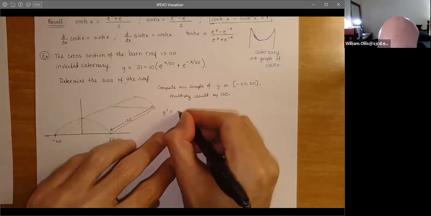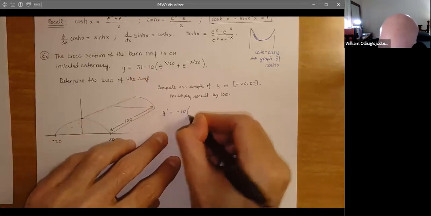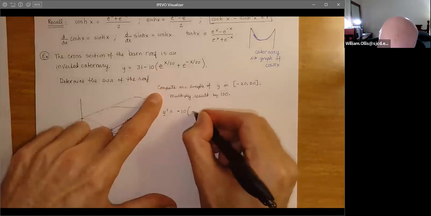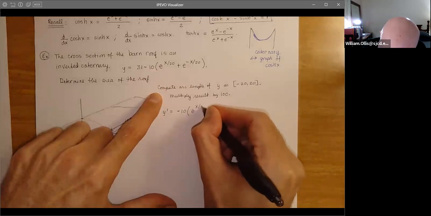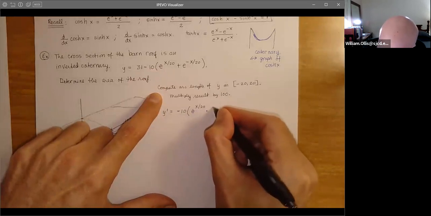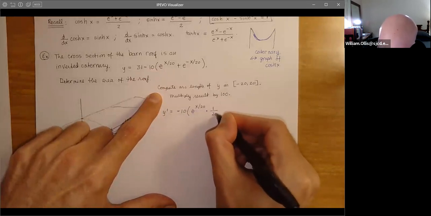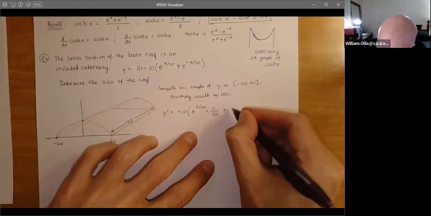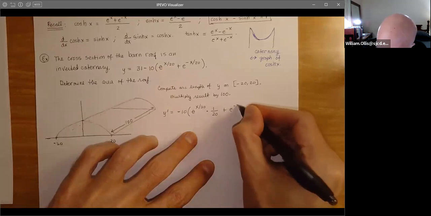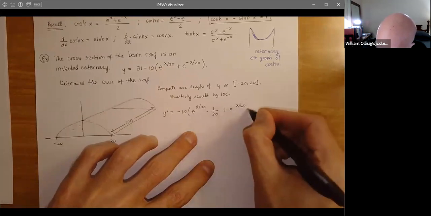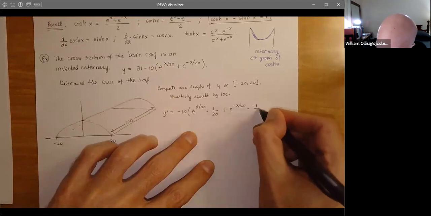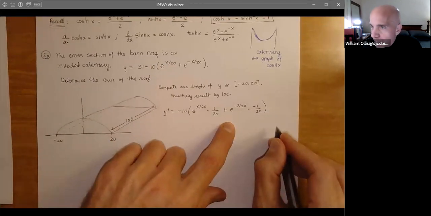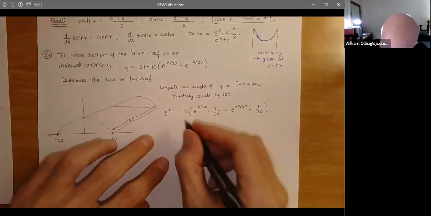And so we have minus 10 times e to the x over 20 times 1 over 20, that is the derivative of the power, plus e to the negative x over 20 times negative 1 over 20. We know that's just the hyperbolic sine, but that's neither here nor there.